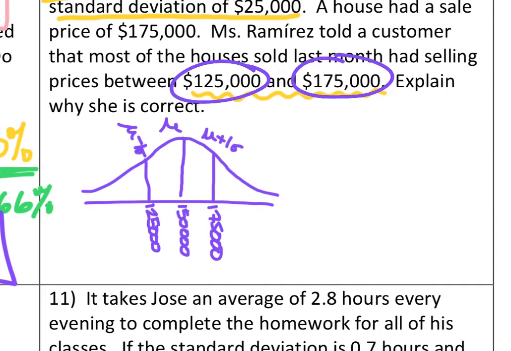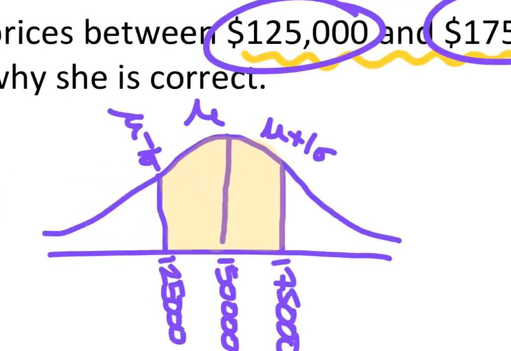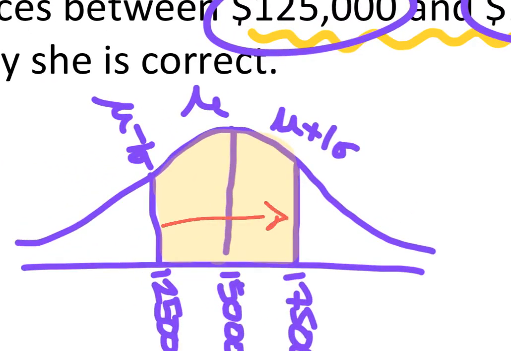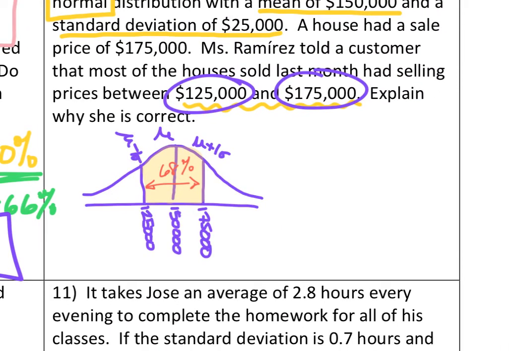And remember that this portion of the normal curve from plus 1 standard deviation to minus 1 standard deviation is right here approximately 68%. And that's more than half.